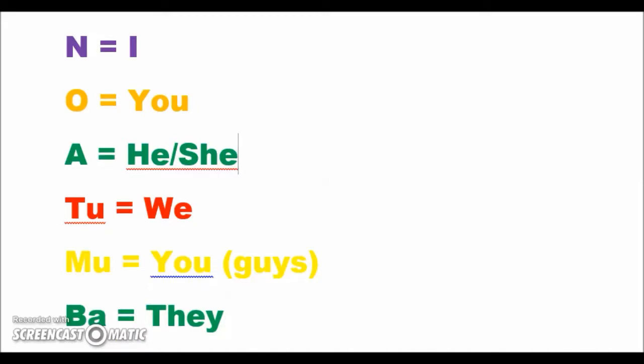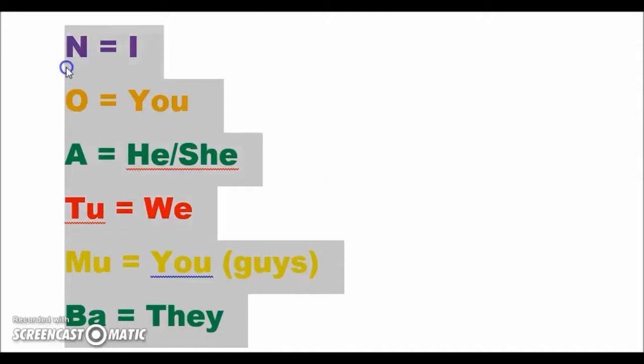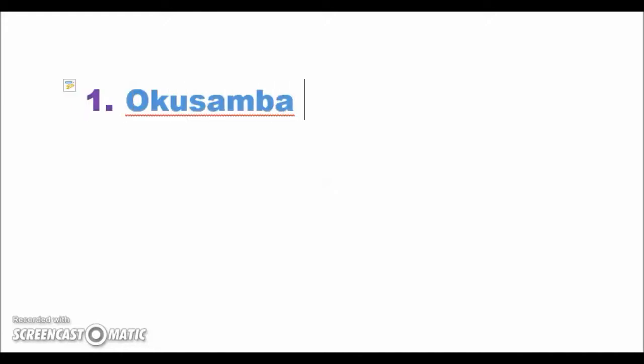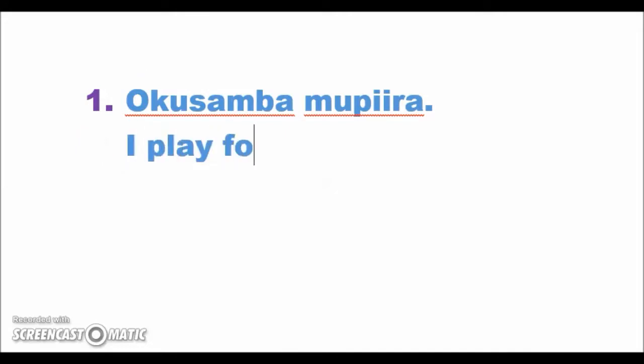So now that you can conjugate verbs, you need some practice. So if I tell you that okusamba mupira means to play football, can you say I play football?